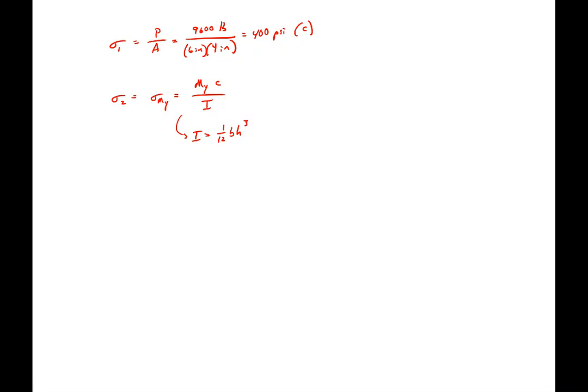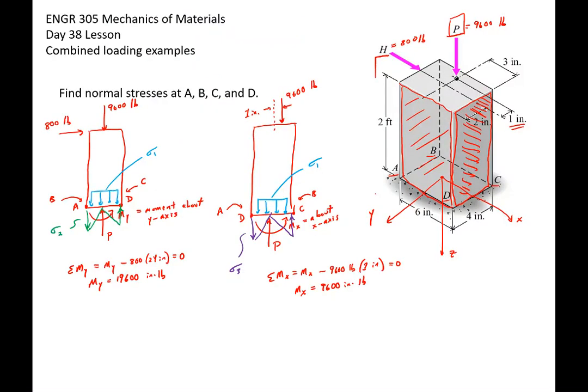And if that's the case, then let's go back here and see what our dimensions are about the y-axis. If we look here at the y-axis, you could say the depth, above and below the y-axis there is that 6 inches.